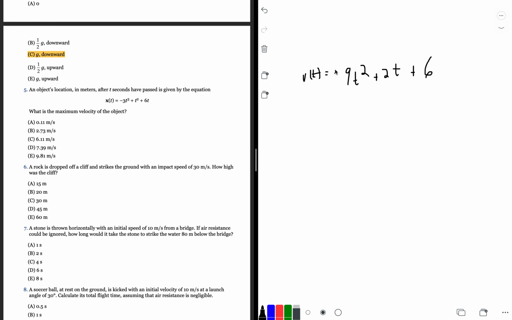Now, what we could do is use the quadratic formula, find the zeros, find the center between the two zeros, plug that t value back into the equation, and find your maximum. That would also be your vertex, in this case, because the parabola is concave down, it opens downward. So you could do that, or you could realize that at the maximum velocity, the acceleration will be 0.